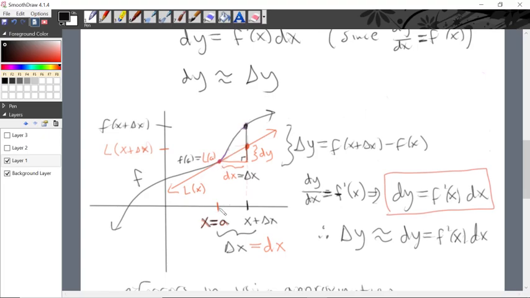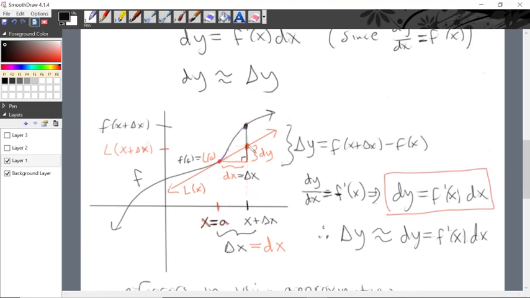But if we move away from the fixed point out to another location, let's say x plus delta x, in this case I've added a positive delta x to move to the right. You could do the same thing by adding a negative delta x to move to the left, subtracting a quantity from the fixed point, and find another point over here, a point that is on the tangent line and a point that is on the curve itself.